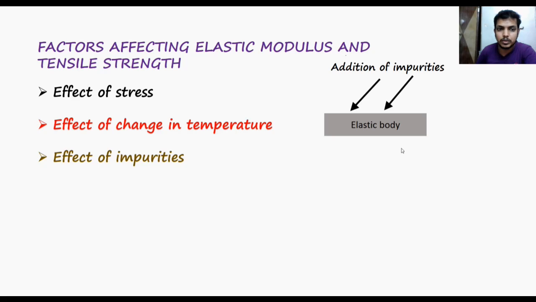Some materials are not very hard; for example, pure gold cannot easily be made into ornaments. But when we add a small amount of impurities like copper, it will change that property. So we can alter the elastic modulus by adding impurities.